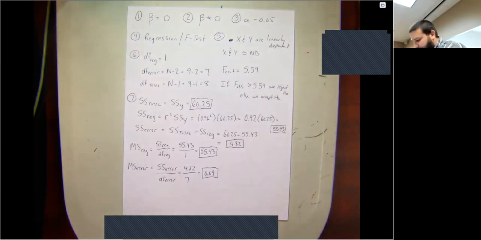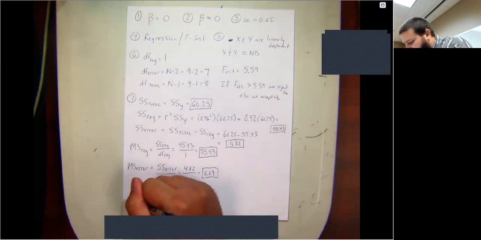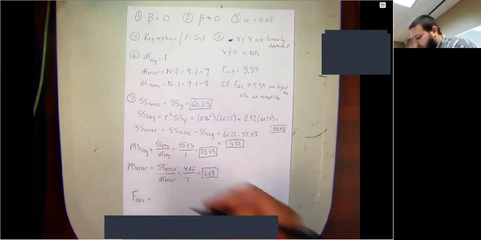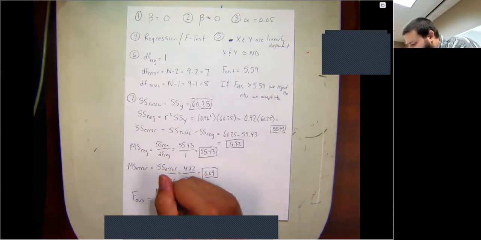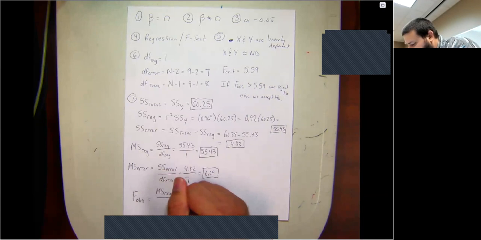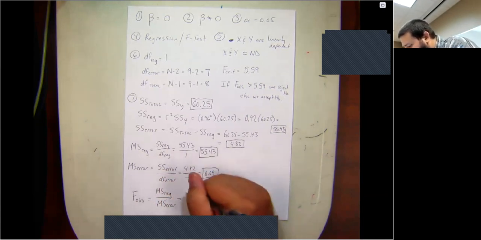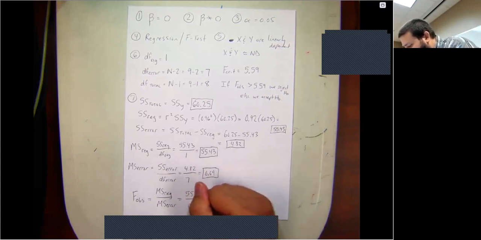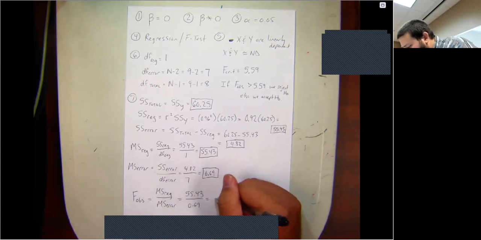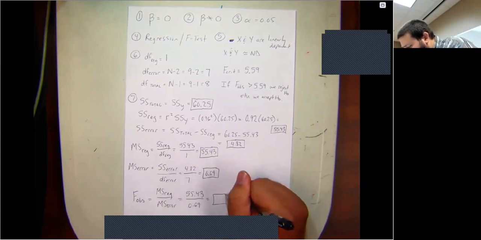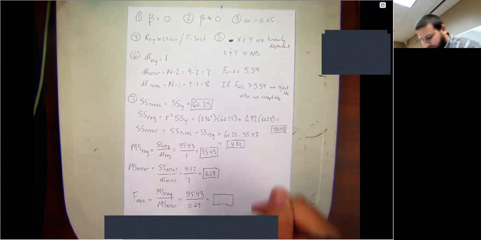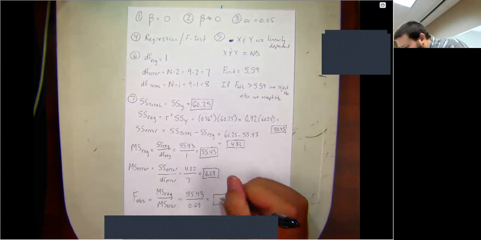And then our F observed is equal to mean square regression over mean square error, which is 55.43 divided by 0.69, which gives us an F observed value of 80.33.